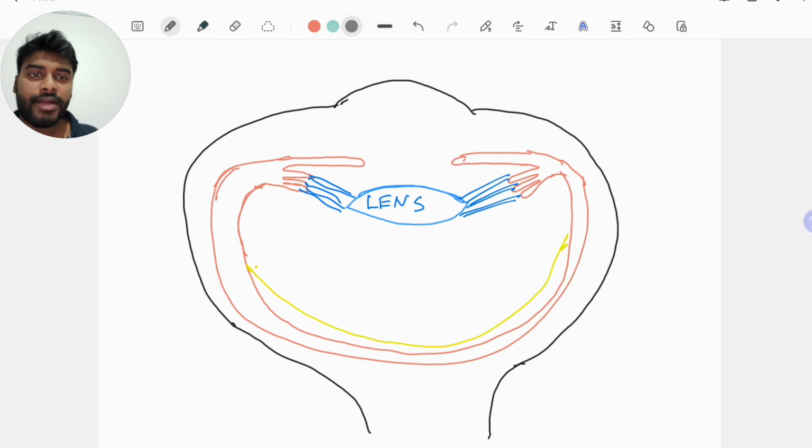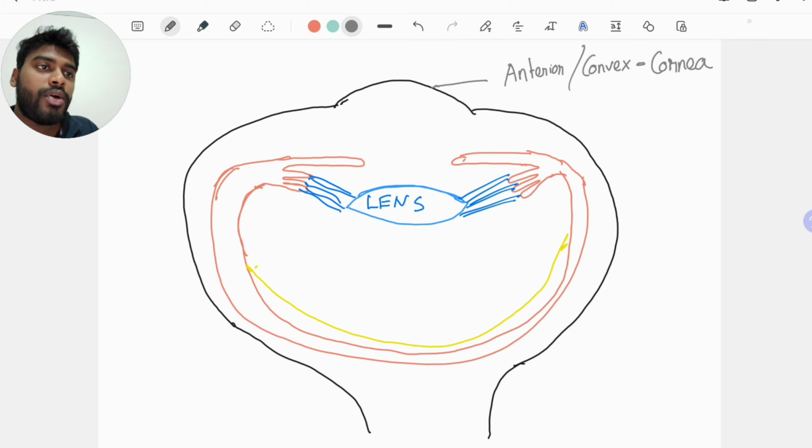Okay, we are done with the diagram. Now let's start our labeling from the outermost layer. This is the anterior convex part, and this is your cornea.